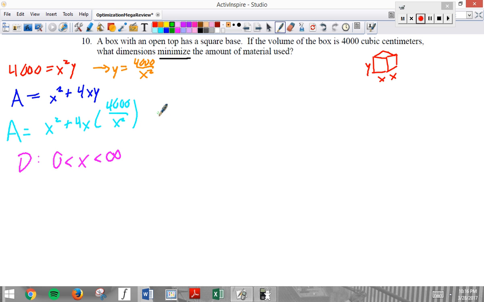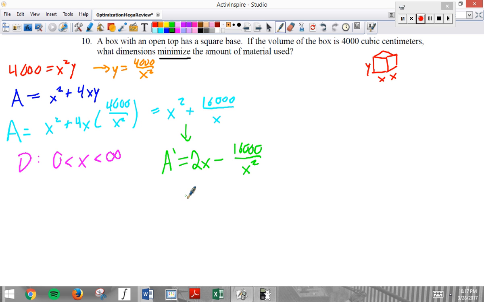So, simplifying. 16,000 over x, and therefore a prime, and again this trick comes in handy. Now this is not as helpful as we want.